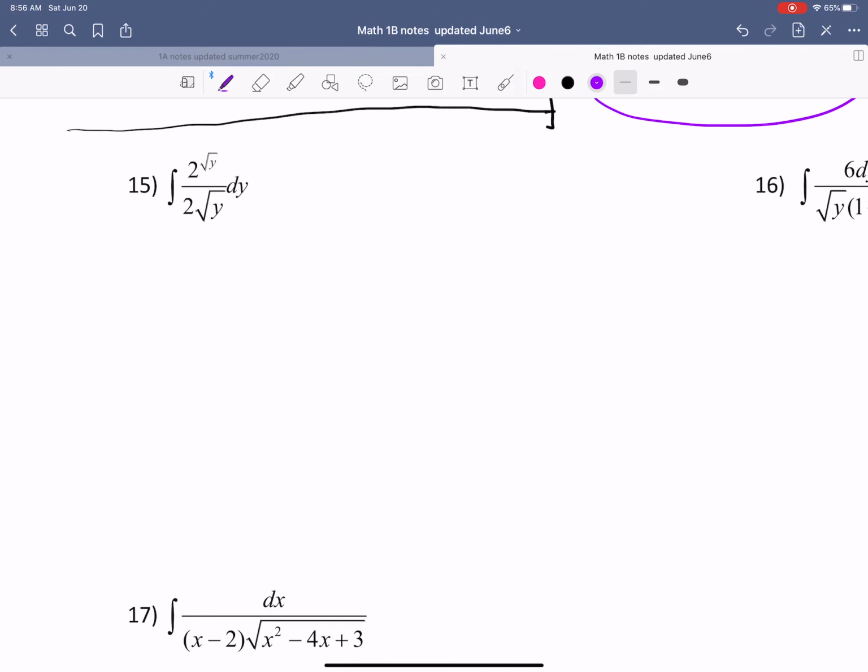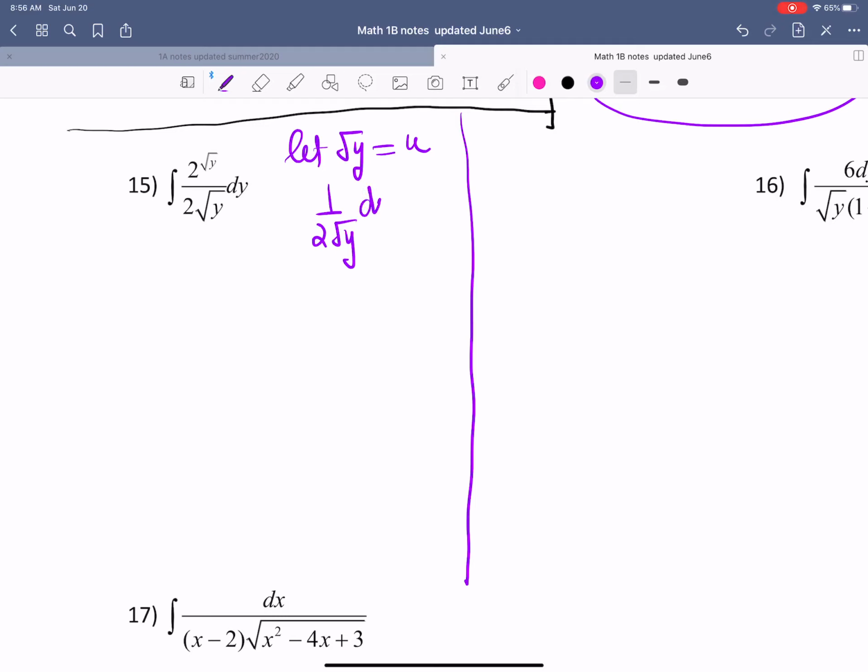Here we are, 2 to the root y over 2 root y dy. I think in this case, it might be helpful if I let root y be u. The derivative of root y, or y to the power 1/2, is you bring 1/2 in the front and reduce the power by 1, which becomes 1 over 2 root y dy equal to du. So this integral turns into 2 to the power u du.